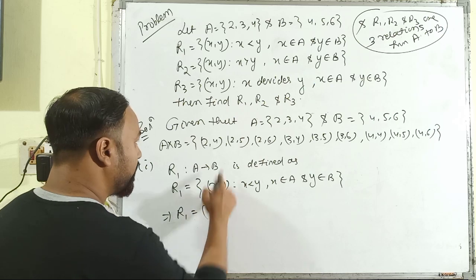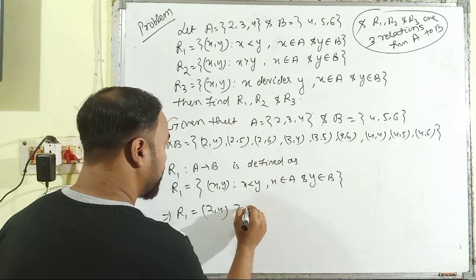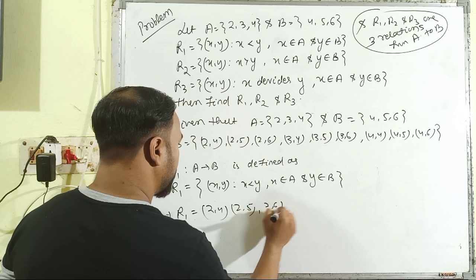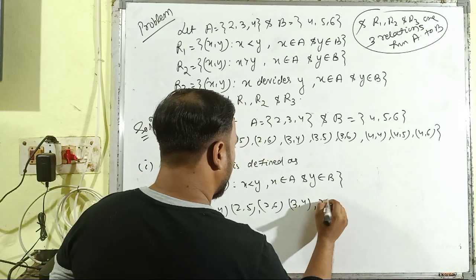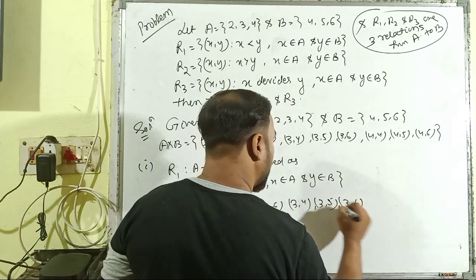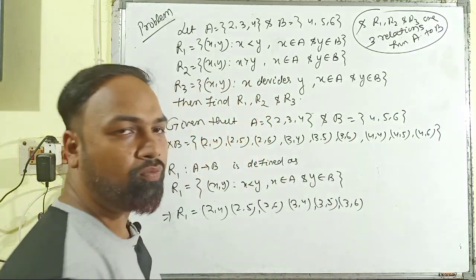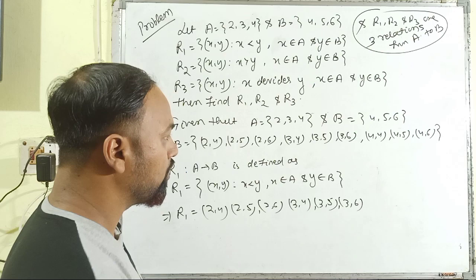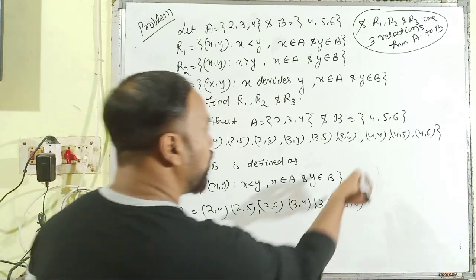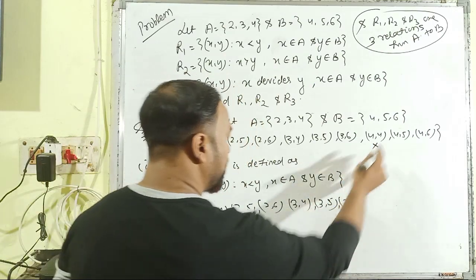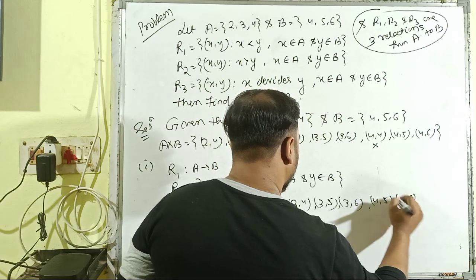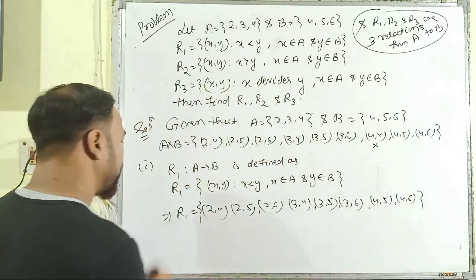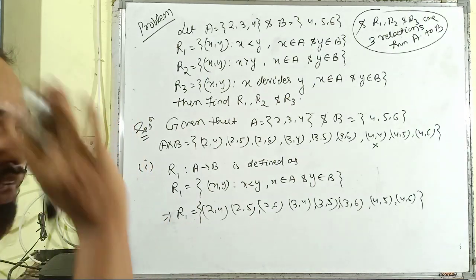So (2, 4), (2, 5), (2, 6), then (3, 4), (3, 5), (3, 6). Then we cannot include (4, 4) because 4 is equal to 4; 4 is not less than 4. So we have to exclude this part, and then write down (4, 5) and (4, 6). And here it is the required relation, which is a subset of A cross B.